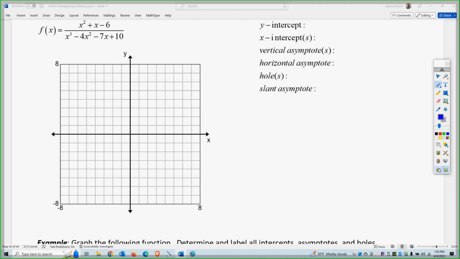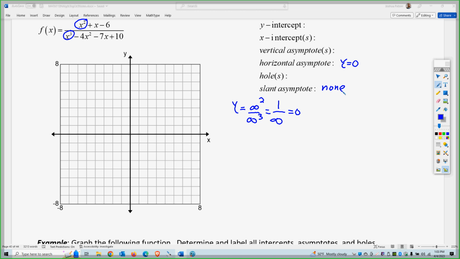Because if I do the leading terms, I get y equals infinity squared over infinity cubed, because I only need to look at the leading terms. So I get 1 over infinity, or essentially 0. So my horizontal asymptote is y equals 0, and the slant asymptote is none.